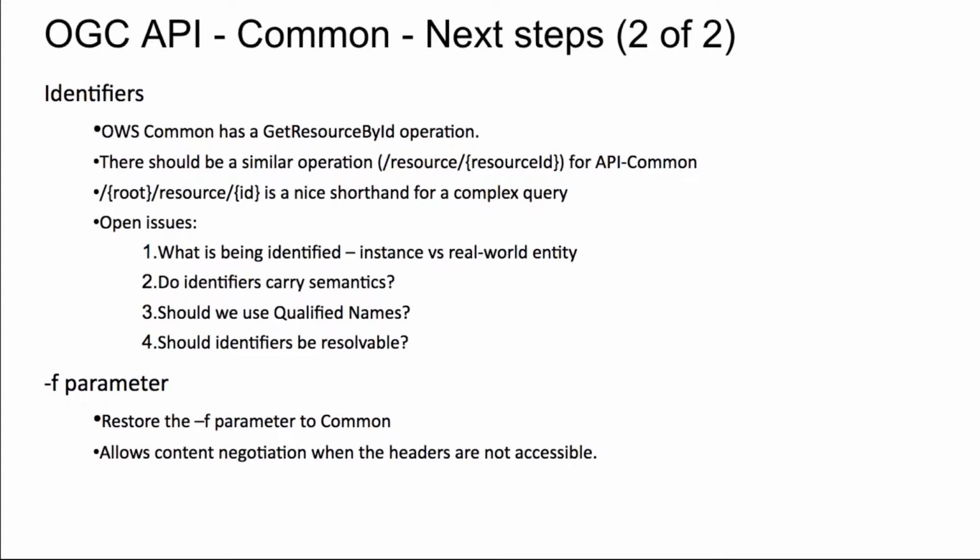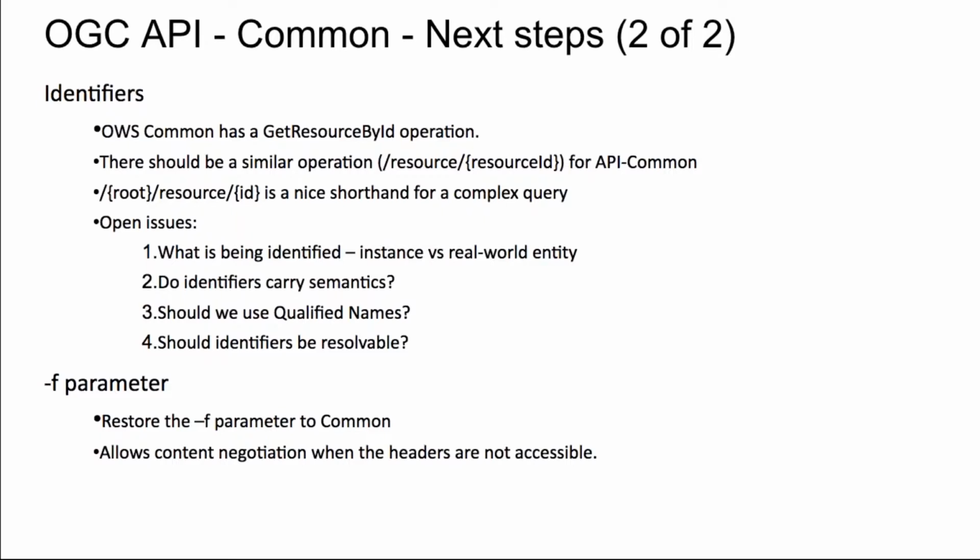There are some issues with this. One is we have to figure out what exactly is being identified. I could be identifying the digital representation of something that is a single digital instance, or I could be identifying the real world entity which that digital instance represents. In many cases, you need both because they're used in different ways for different purposes, but it's a discussion we need to have.